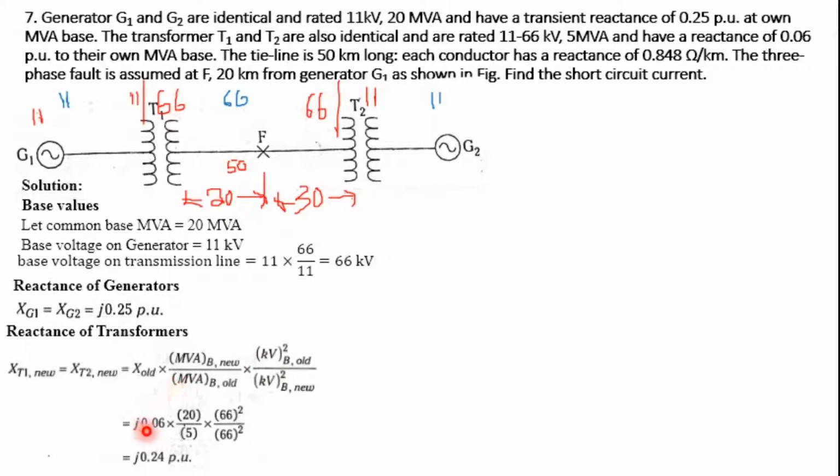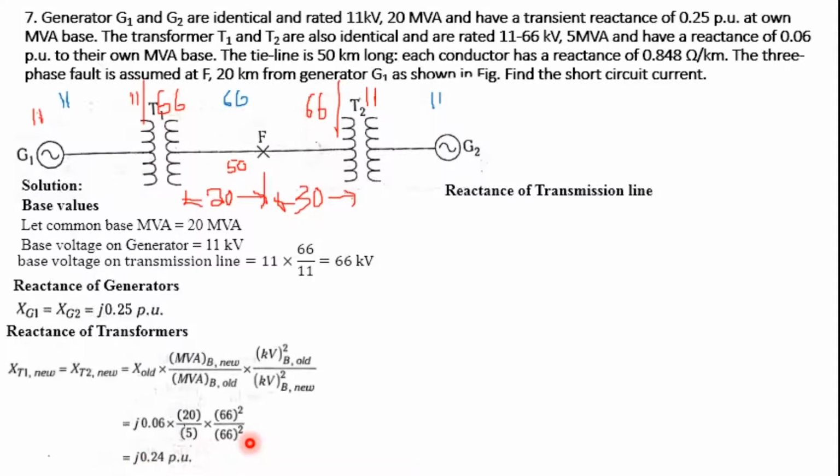We have the reactance of 0.06, MVA new is 20, old value is 5 MVA for the transformer, and the voltage we are considering is the HT side, old value 66, new value also 66. We will get 0.24 per unit.